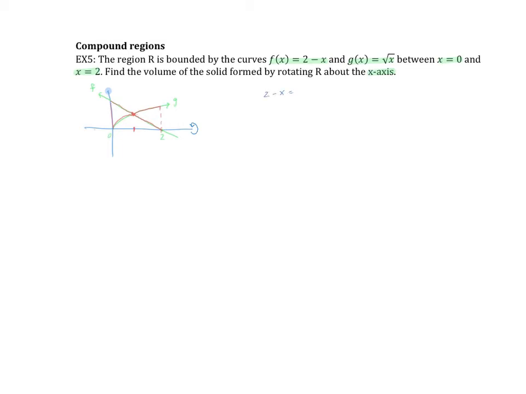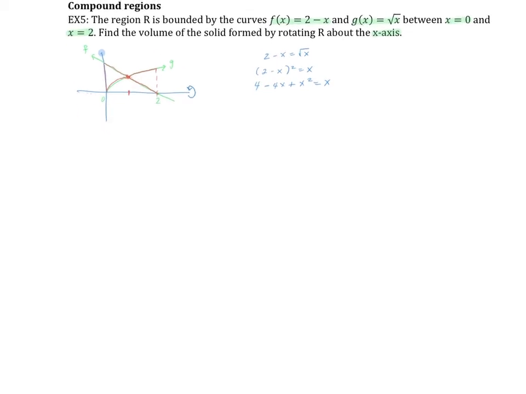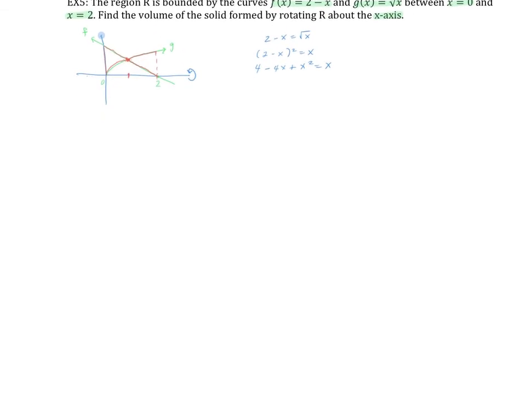2 minus x equal to the square root of x. I'm going to go ahead and square both sides. Then multiplying out, I get 4 minus 4x plus x squared equal to x. It's quadratic.